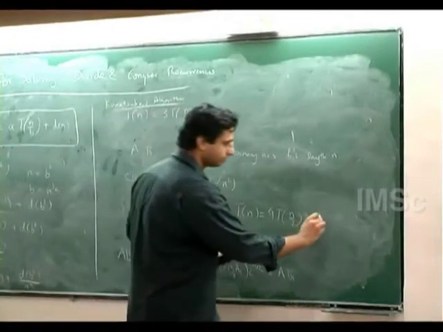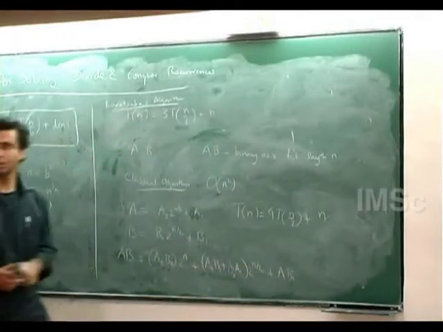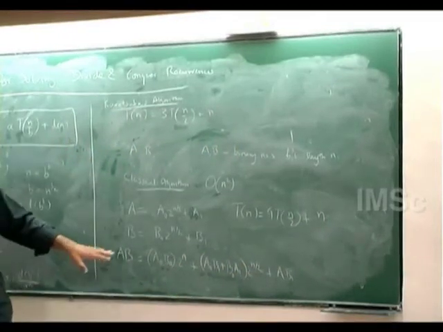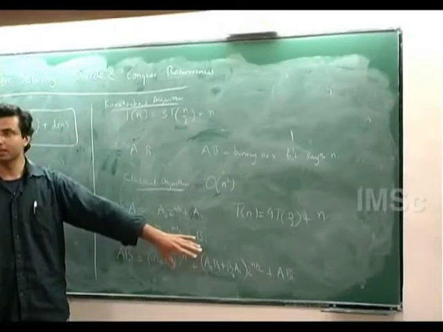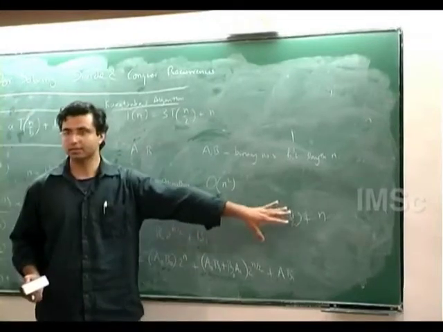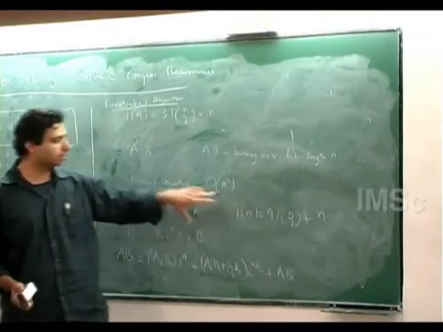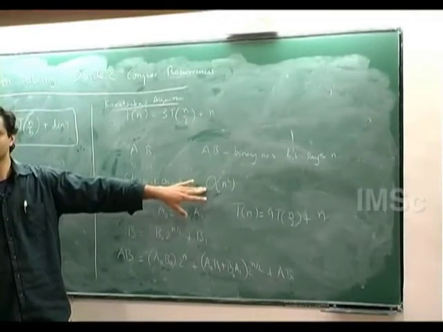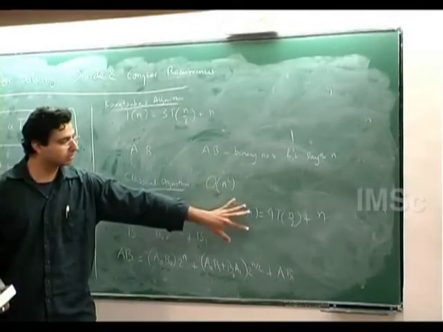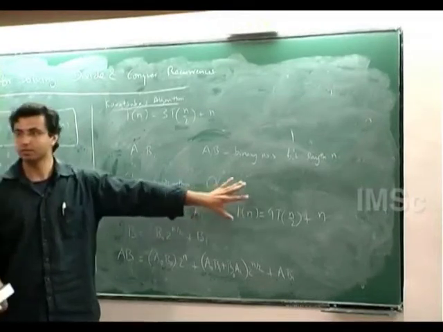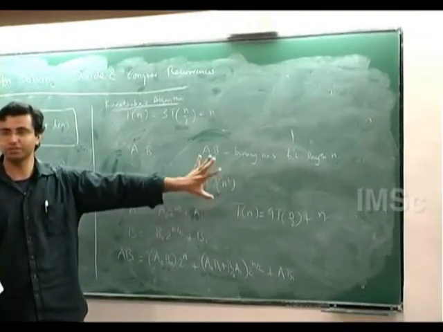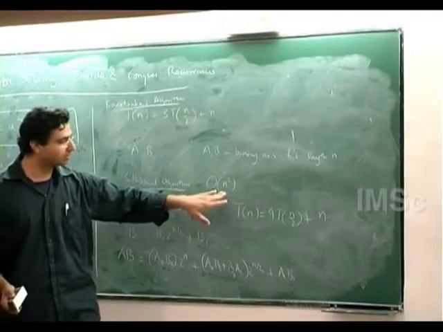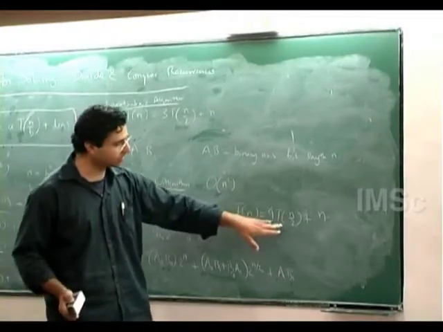So if I do this straightforward form, is this better than quadratic? If you have a good memory of the master theorem, this is not better. This is again quadratic.